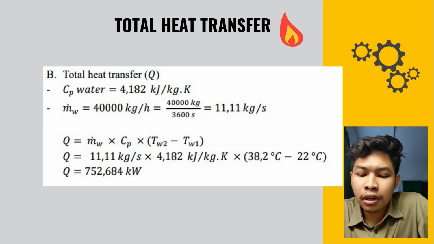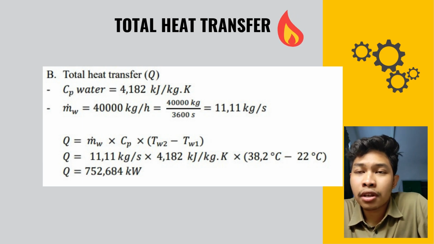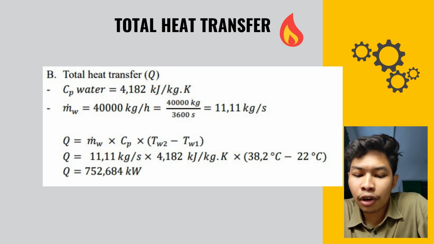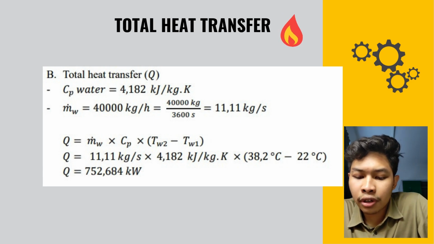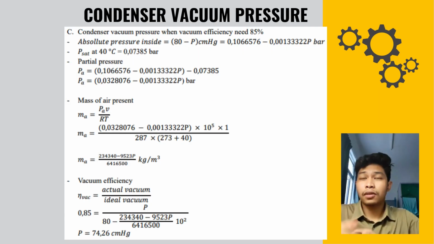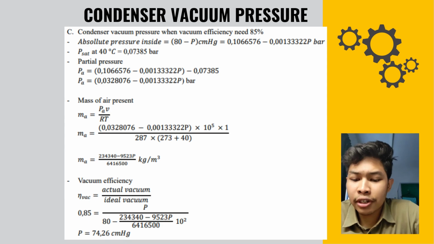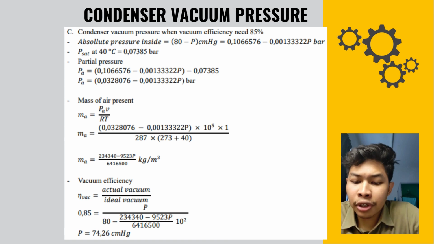The formula for the total heat transfer is Q equals m.w times the coefficient of water times delta T, and we get Q as 752.684 kilowatt.